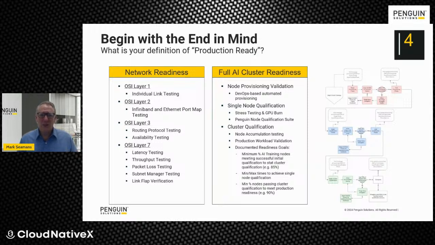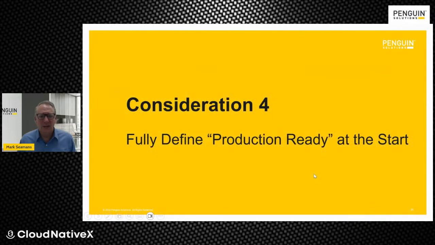If you hit issues, you stop at that point, remediate, and then continue your journey. But until you hit that target, it's not go-live time. So this is about starting with the end in mind, having your criteria, and then executing to those criteria on a relentless basis. So define production ready at the start.